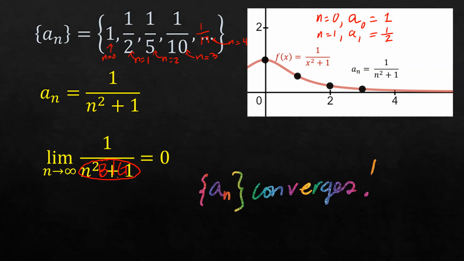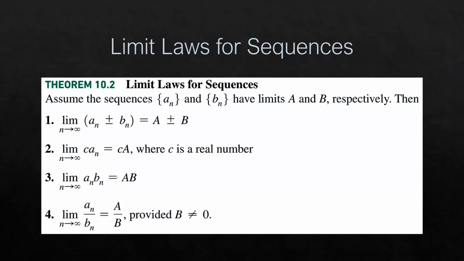All right. So as we said, the sequence behaves like the associated function. So all the limit laws that were true for functions would be true for sequences as well. Okay, so you get the sum, right?